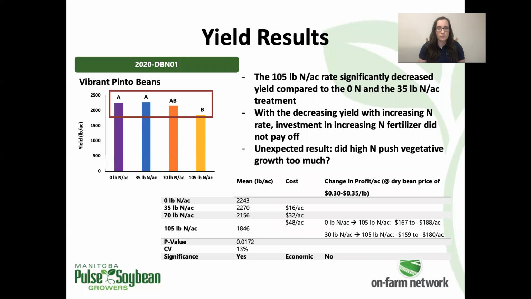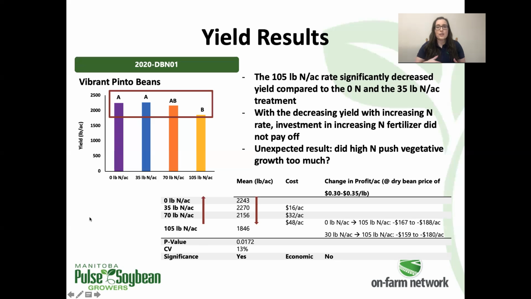For the first trial, the pinto bean trial, there was actually a decline in yield with an increase in nitrogen rate. The 105 pound of nitrogen per acre treatment significantly reduced yield compared to the 0 and 35 pound N per acre treatments.